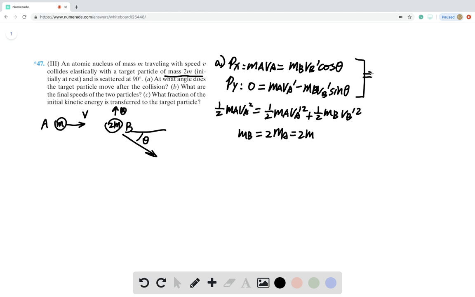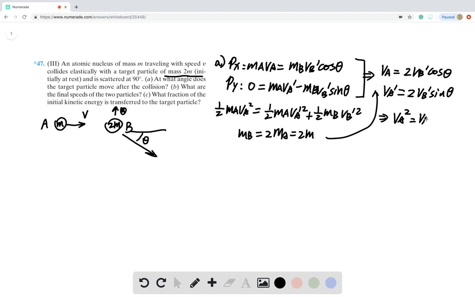This will be simplified into VA equals 2 times VB prime cosine theta, and VA prime equals 2 VB prime sine theta. And the conservation of kinetic energy becomes VA squared equals VA prime squared plus 2 times VB prime squared.